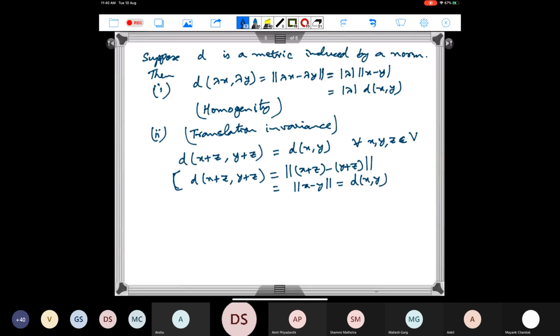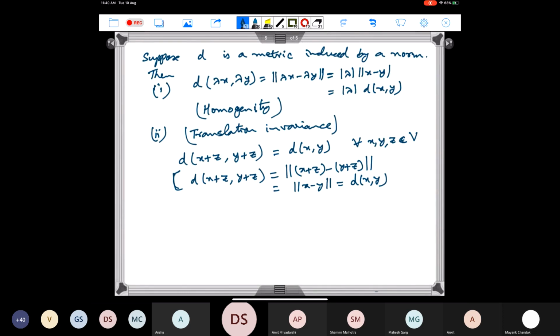Yes, so if you have a metric on a vector space which does not satisfy one of these two properties, then it cannot be induced by a norm. So what about the converse?